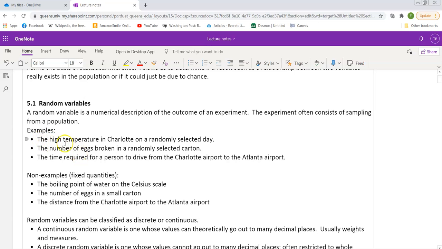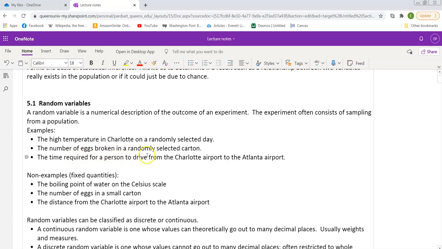So these are 3 examples. If we randomly select a day and we look at the high temperature in Charlotte, that's one example. And one way you know is that if you pick a different day, you're likely to get a different high temperature. Okay, unless there's just some weird coincidence, you're likely to get a different high temperature.